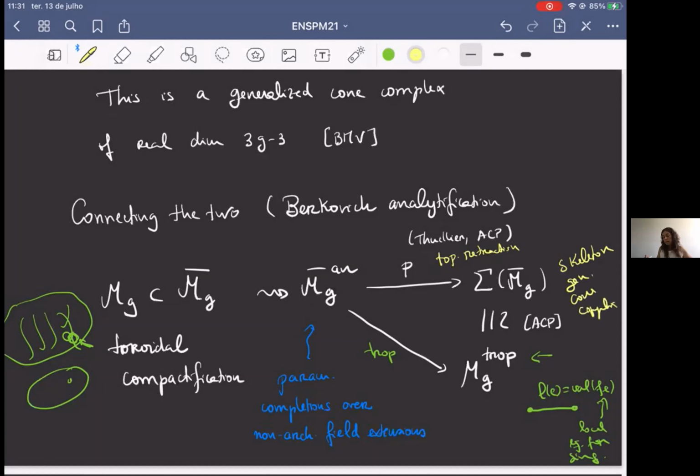And then in this breakthrough work of Abramovich, Caporaso, Payne, they show that this is actually an isomorphism. So you really have that the topological retraction that you have intrinsically from the Berkovich analytification to its skeleton is actually an isomorphism with the tropical moduli space that you had in the beginning 10 years ago.